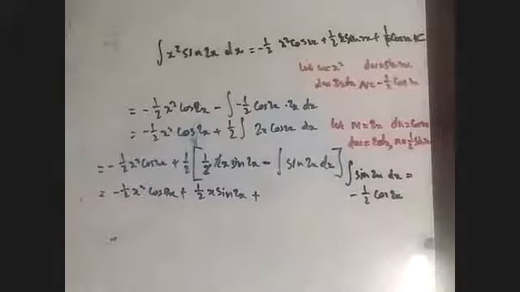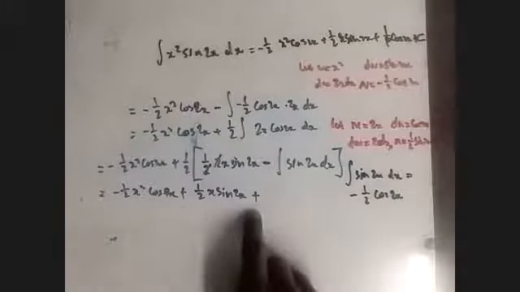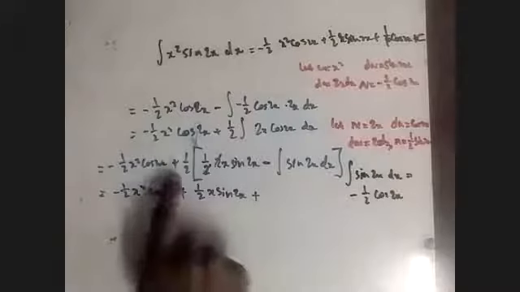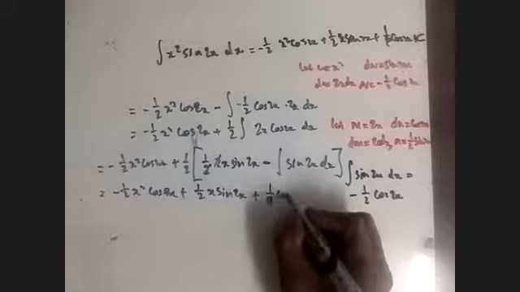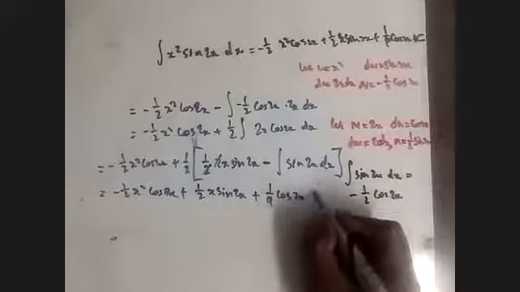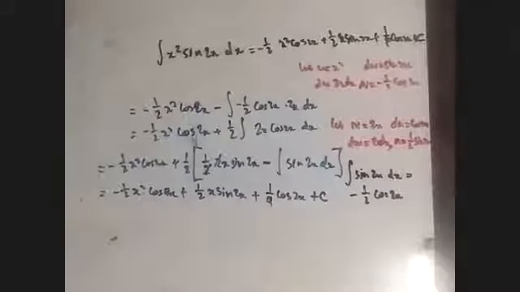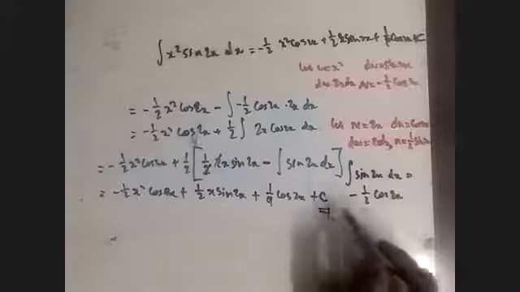If it becomes negative 1/2 cos 2x, then it becomes a plus here. And then this half times this half becomes 1/4. 1/4 cos 2x plus c, which correlates exactly to this.